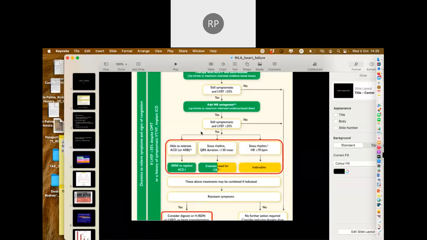There's only one brand, if you like, of the drug at the moment. So those are the 3 options you have. The best one of those is probably Entresto. In fact, it is the best clinically.